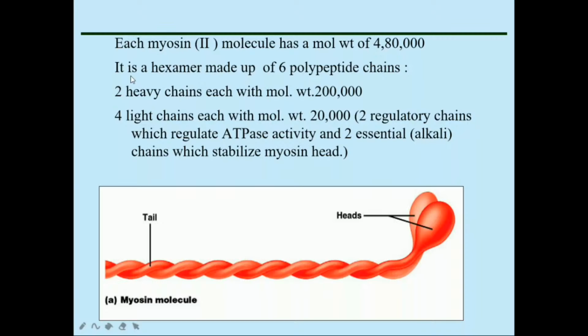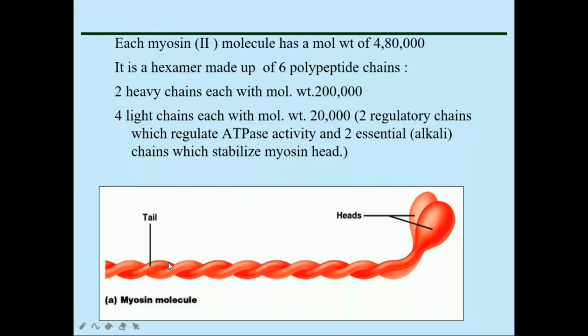It is a hexamer, that is, it has 6 units and is made up of 6 polypeptide chains. So basically these are chains of amino acids. There are 2 heavy chains, each with a molecular weight of 200,000, and there are 4 light chains, each with a molecular weight of 20,000.